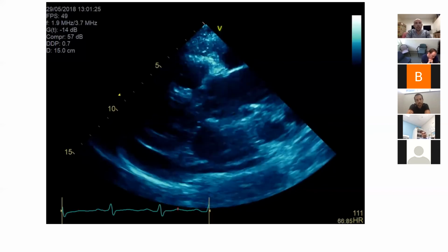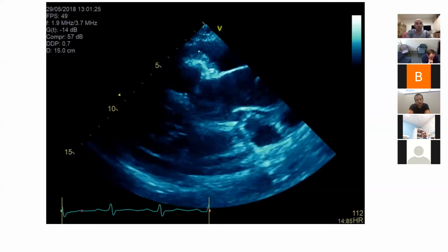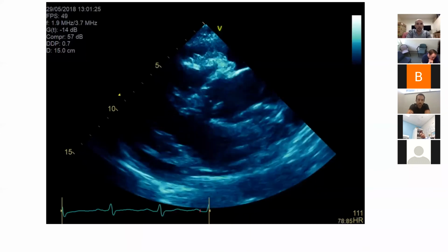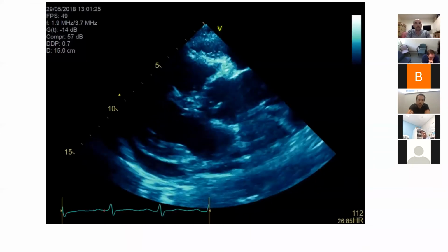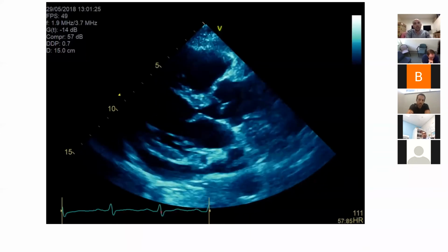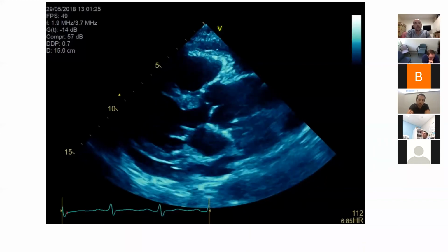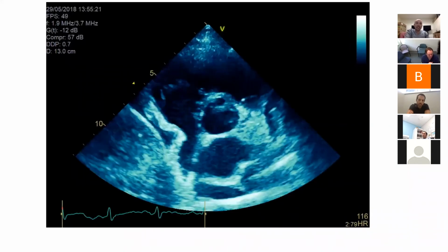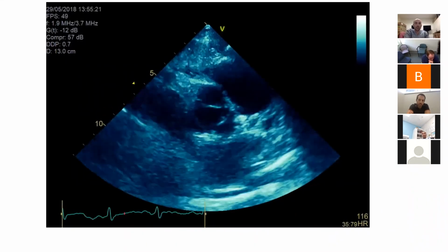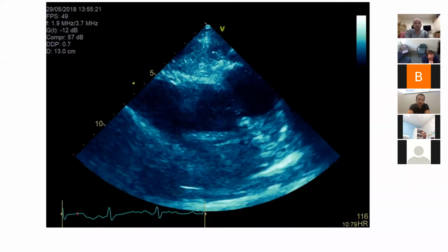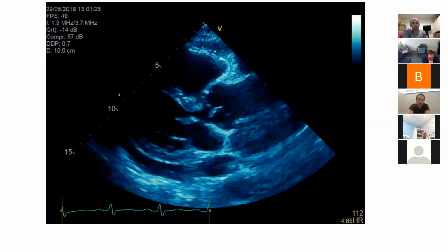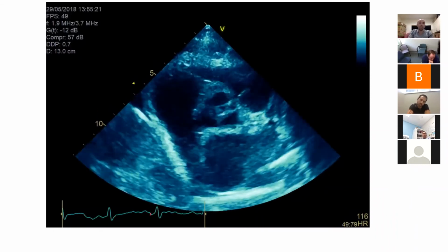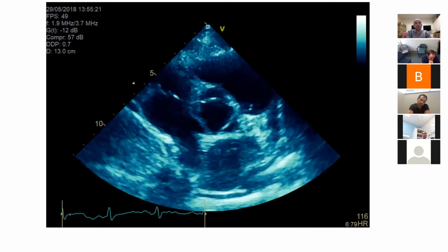The RVOT looks like it's collapsing, but I can't really get a sense of at what point in the cardiac cycle. Yeah, sorry about that. That's a problem with the program. No, it's all right. I'll fix that later. Otherwise, the contractility of the left ventricle looks like it is probably okay.